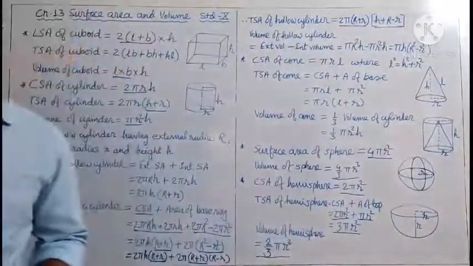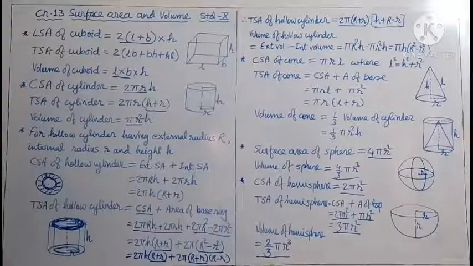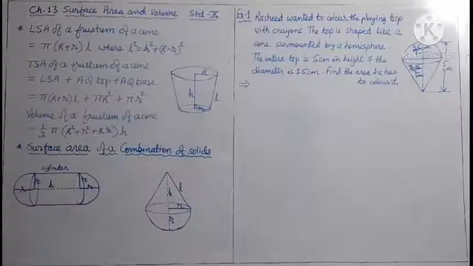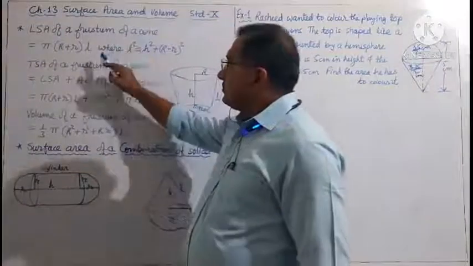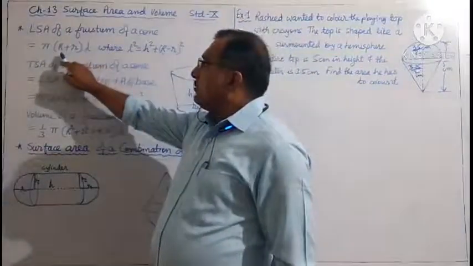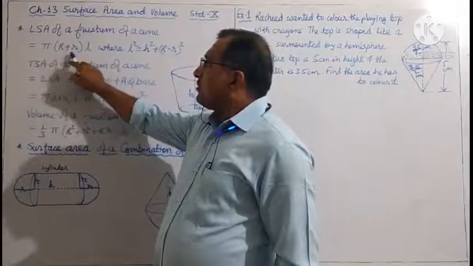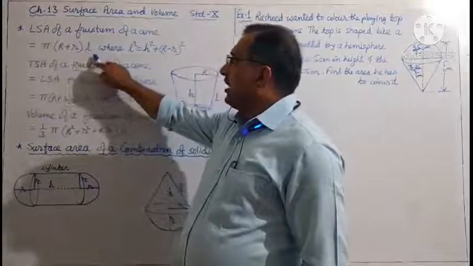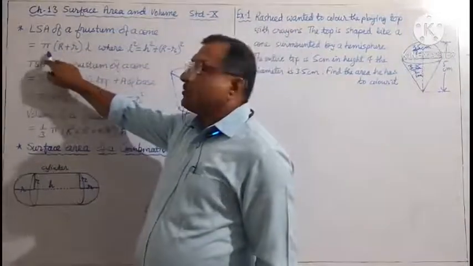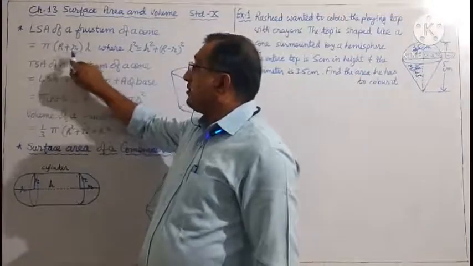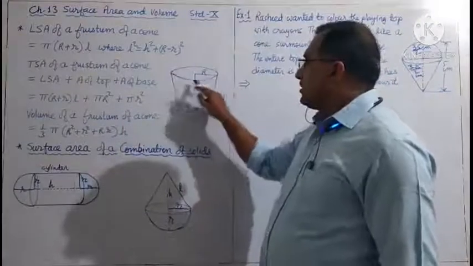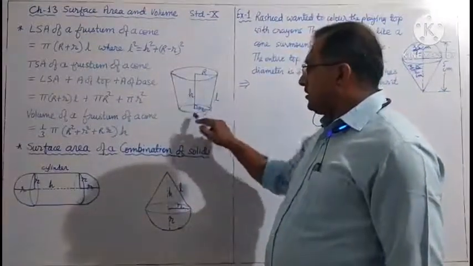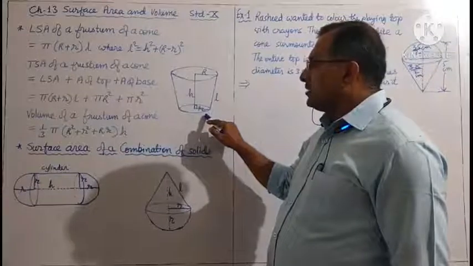Now we have to take the formula for the frustum of a cone. The lateral surface area of the frustum of a cone is pi in bracket R plus r bracket over, multiplied by l. Just like the cone's pi r l, but here there are two radii, top and bottom. As you can see here, the top radius is larger than the radius of the base.